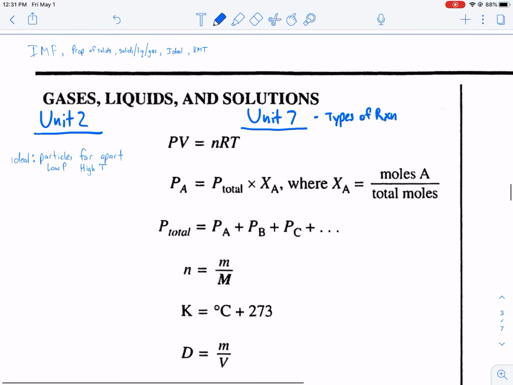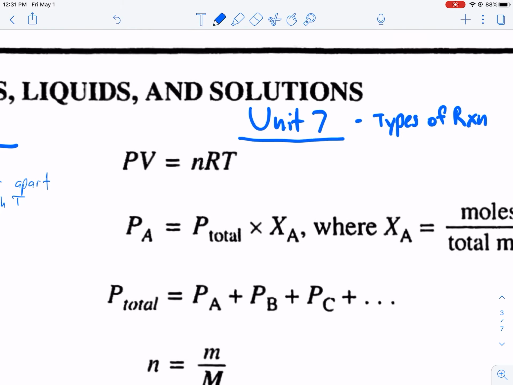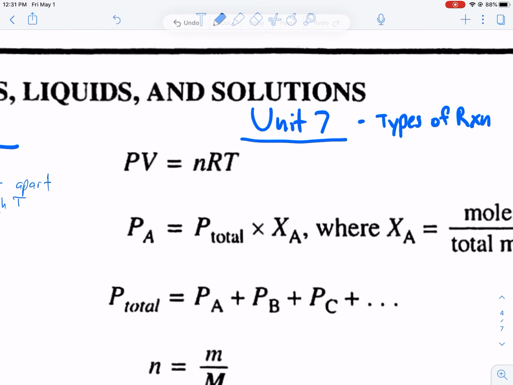Now, when we're working through the equations that go with these, remember we have the ideal gas law right here. Because of this constant, we can also set it equal to one another. So if the conditions are changing, you can use this. It's like the super combined gas law, basically, right?